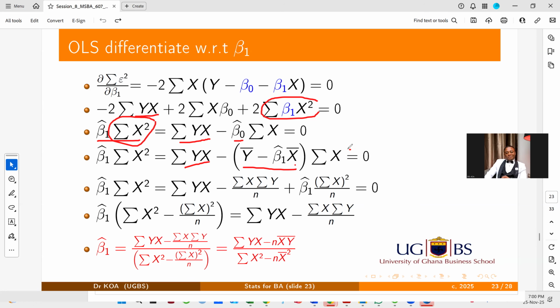And then now I will expand it with this, because this one is multiplying both the y bar and the beta 1x bar. I'm going to expand it. I multiply this one by that. But this one is y bar, but now I bring it down to sigma y over n because it's the same as sigma y over n. And then this sigma x is here.